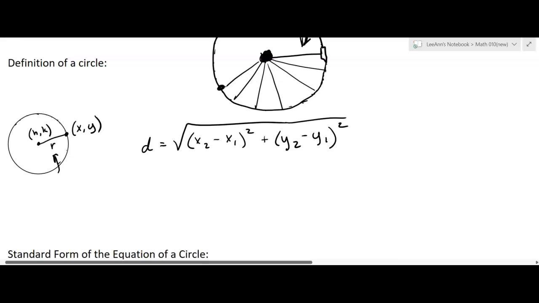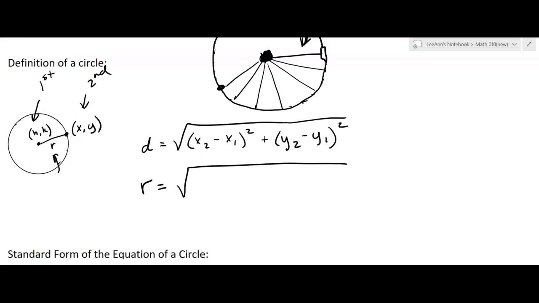The distance is the radius. Okay, and we know we're going to call this the first point and this the second point. And we're doing this for any x and y, any point on the circle. So it's going to be x minus h squared plus y minus k squared.